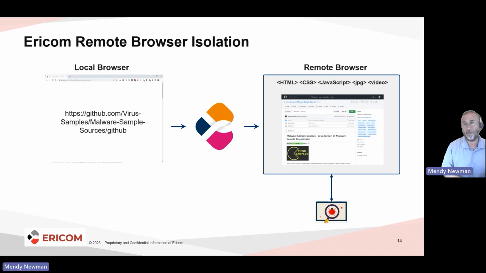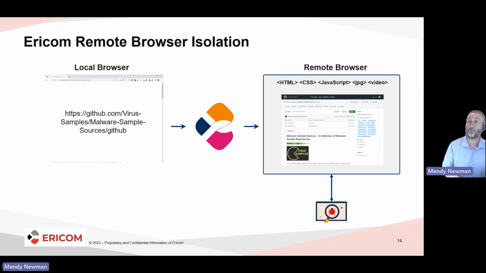In our cloud, we have a series of remote browsers in a secure container. All the content needed to render that web page is loaded in one of these secure containers so that even if there is malicious content there, it never comes to your local browser. It would only infect one of our secure containers that will be destroyed anyways at the end of the session.